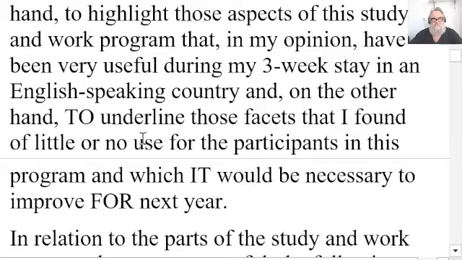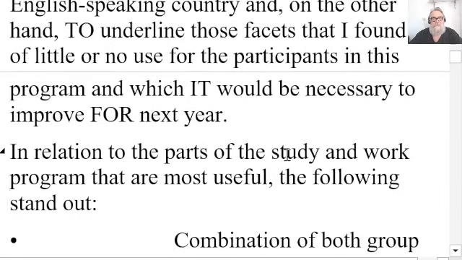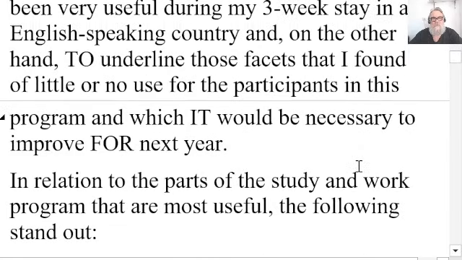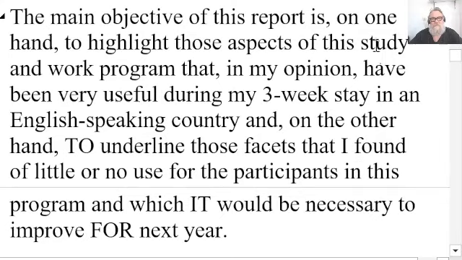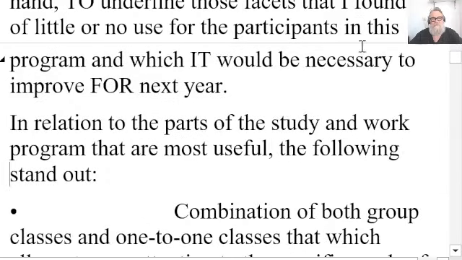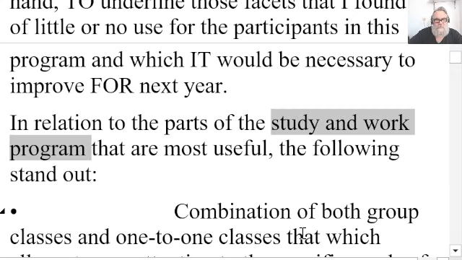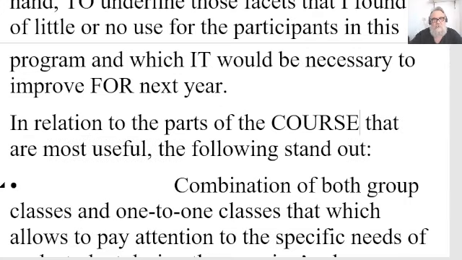So, study and work program, we've already had "study and work program" various times. In relation to the parts of the program, the parts of the course that are most useful, the following stand out.